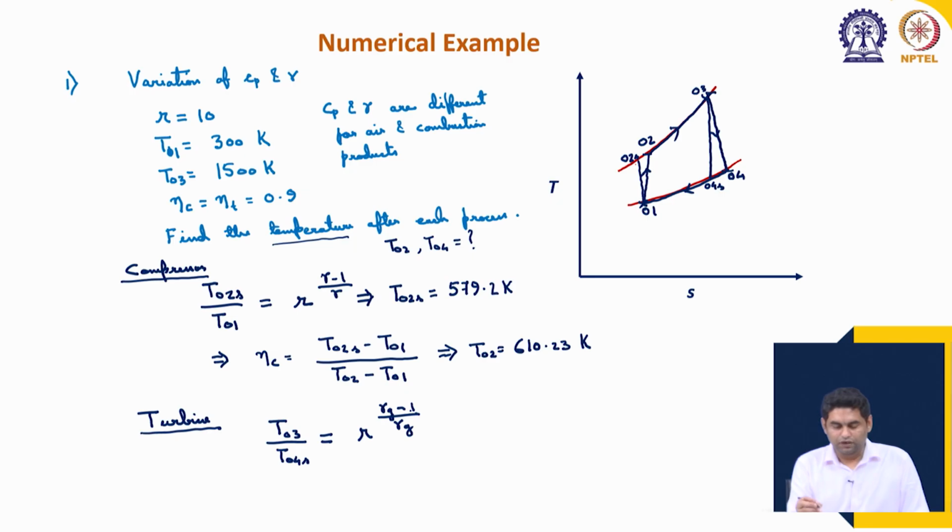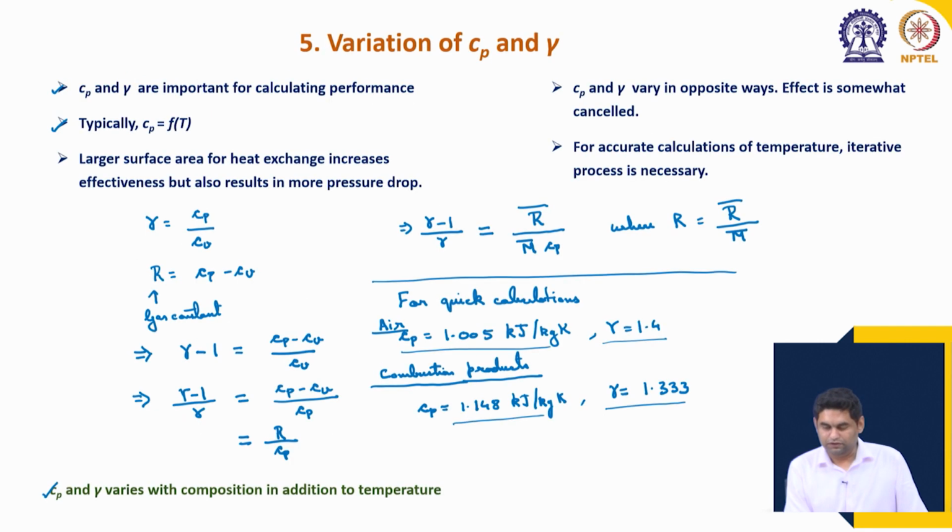Okay. So, till now we have used only gamma, now we will use subscripts: gamma a for gamma of air and gamma g for gamma of gas. So, similarly here this will be gamma a and this will be gamma g, this will be Cpa and this will be Cpg. Okay.